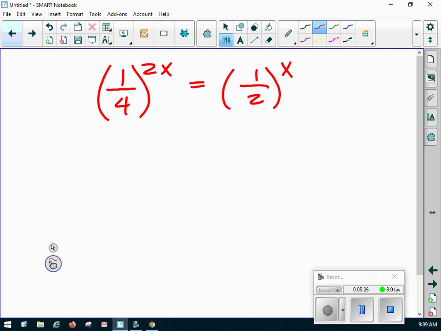Jocelyn says 1/4 is 2 to the negative 2. Is she right? Yes, because remember the negative means it's 1 over 2 squared, which is 4, so that's 1/4. So that's 2 to the negative 2 raised to the 2x. How would you make 1/2 2 to a power?